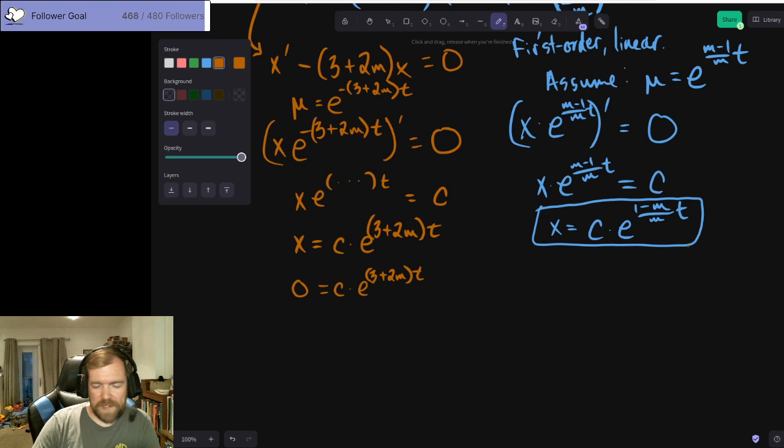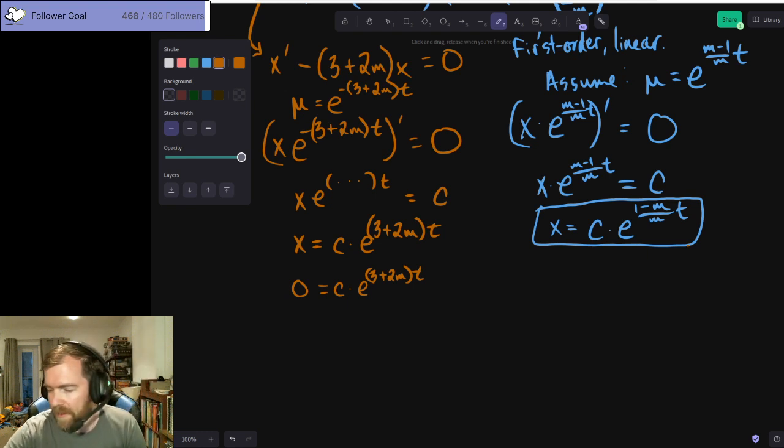So if we plug in 0, 0 for x and y in this particular setup, then what's going to happen? We're going to get c is equal to 0. Right, c is going to have to be equal to 0 in both of these equations in order for us to actually have that happen.